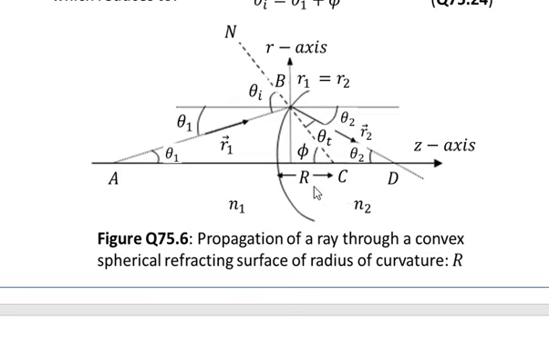So this capital R is the radius of curvature, because it is the distance from the vertex of this surface to the center of curvature.